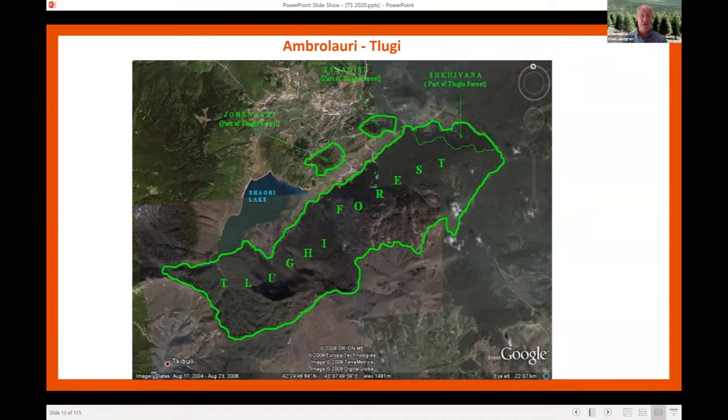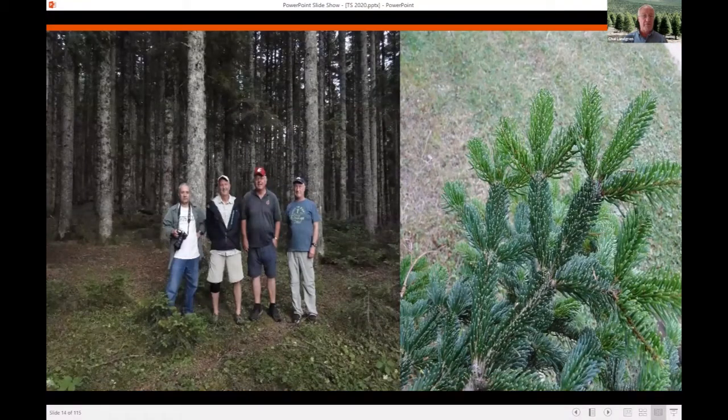And this forest, the Tlugi Nordmann fir forest, has come up kind of even aged, and it's very thick. And this is the forest here on the left. The phrase that it's hard to see the forest for the trees very much applies to trying to figure out what tree goes with what foliage in this stand of trees.